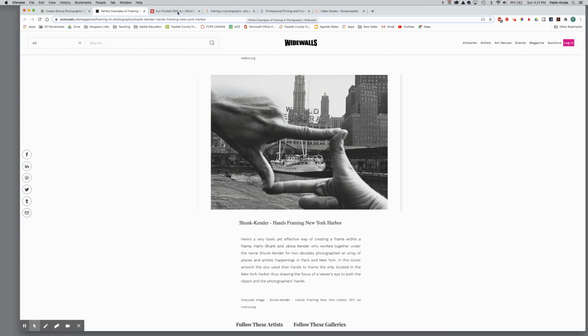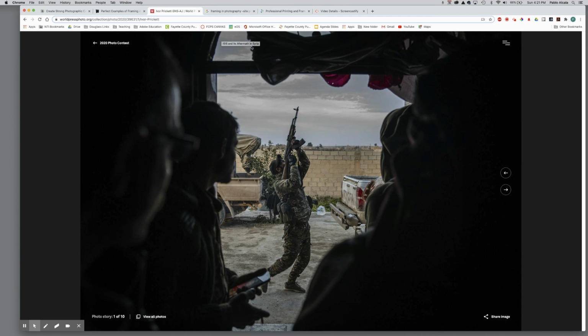I'll include this. Oh, lastly, this is a recent picture from the 2020 World Photo Contest. So again, we've seen pictures from almost 100 years ago, and even until this year. It's just a very common tool used in photography, a common element of composition.